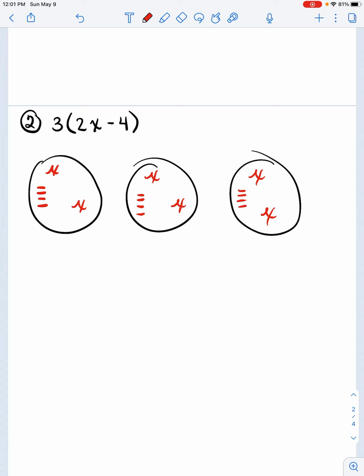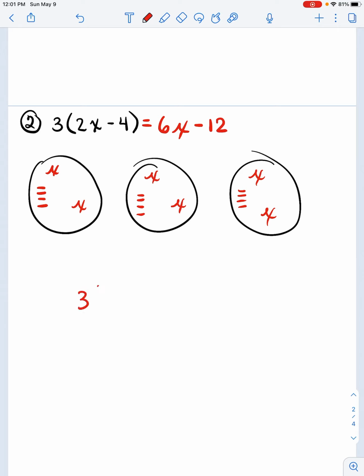And then, let's see, what do we end up with? We're going to total everything up again. We have 1, 2, 3, 4, 5, 6 x's. That would be 6x. And let's count the minuses. We have 4, 8, 12 minuses. That's -12. And that is how we do that one.